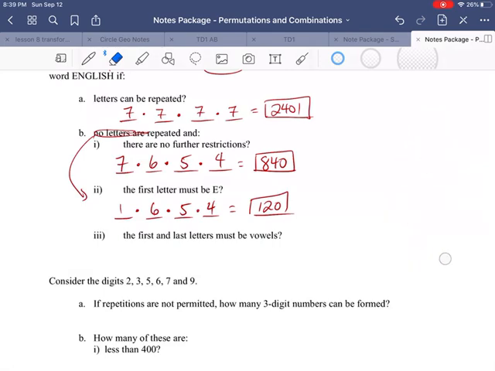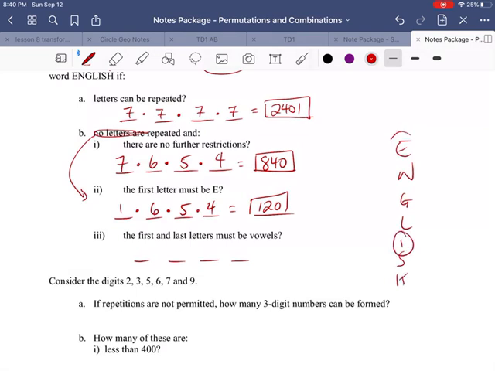Okay. In the last situation, again, we're not allowed to repeat, and the first and last letters must be vowels. So we still have 4 letters. We need to create a 4-letter word. Now, how many vowels are there? There's 2 vowels. So in the first spot, we've got 2 vowels. Oops, I guess I can just write the number in. Got 2 vowels.